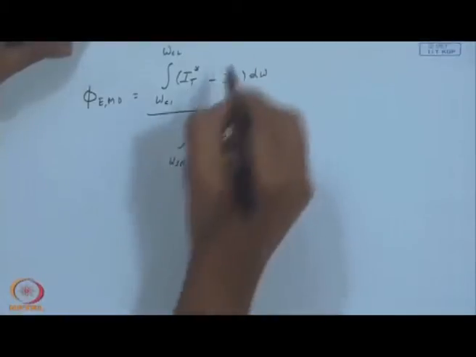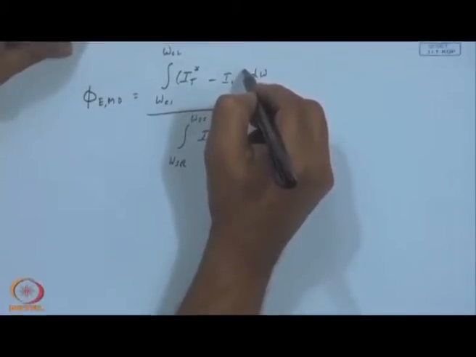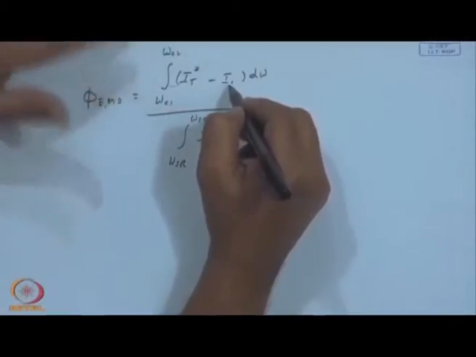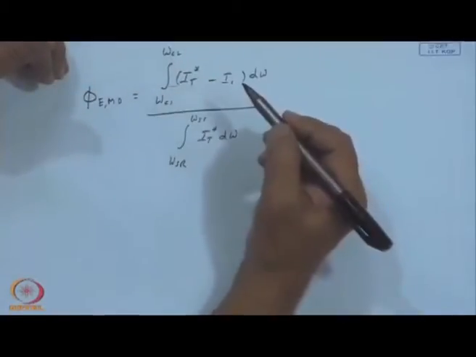The whole idea is there is no superscript plus sign over here. So, I can separate IT star and IC and do an integration, and IC being a constant, it is nothing but IC into (omega C2 minus omega C1).